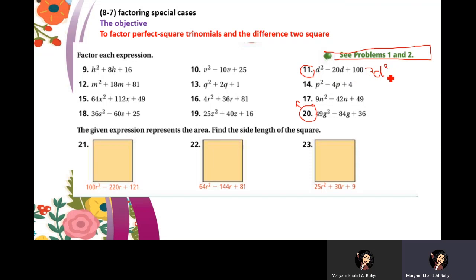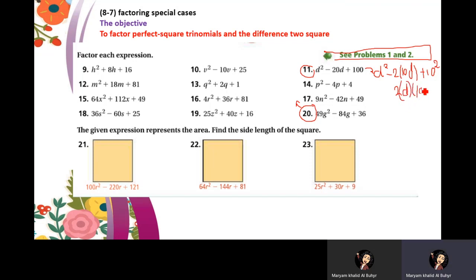D squared minus 2 times 10d plus 10 to the power 2. Great. Everything that I need, I have it. You can change the order if you want. You can write this term like this.